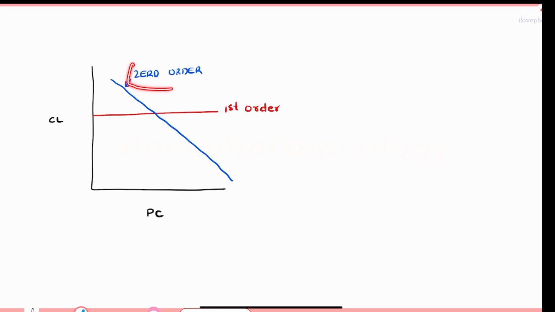Whereas with respect to zero order, as you can see, what happens to the clearance? Clearance is inversely proportional to the plasma concentration. So as the plasma concentration increases, what happens to the clearance? Clearance will decrease. So that's why there is a drop in the curve.